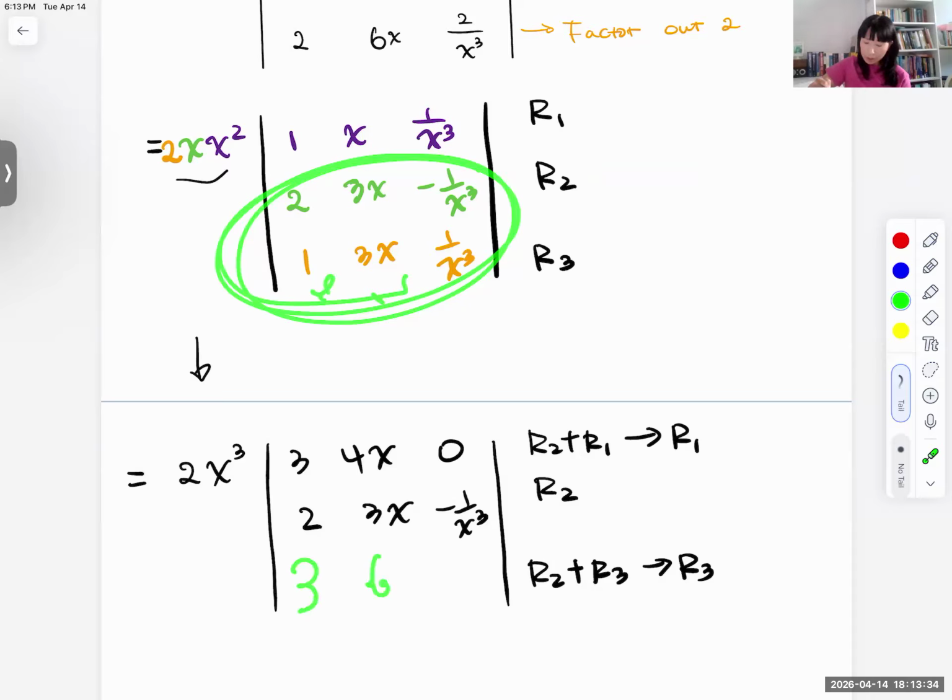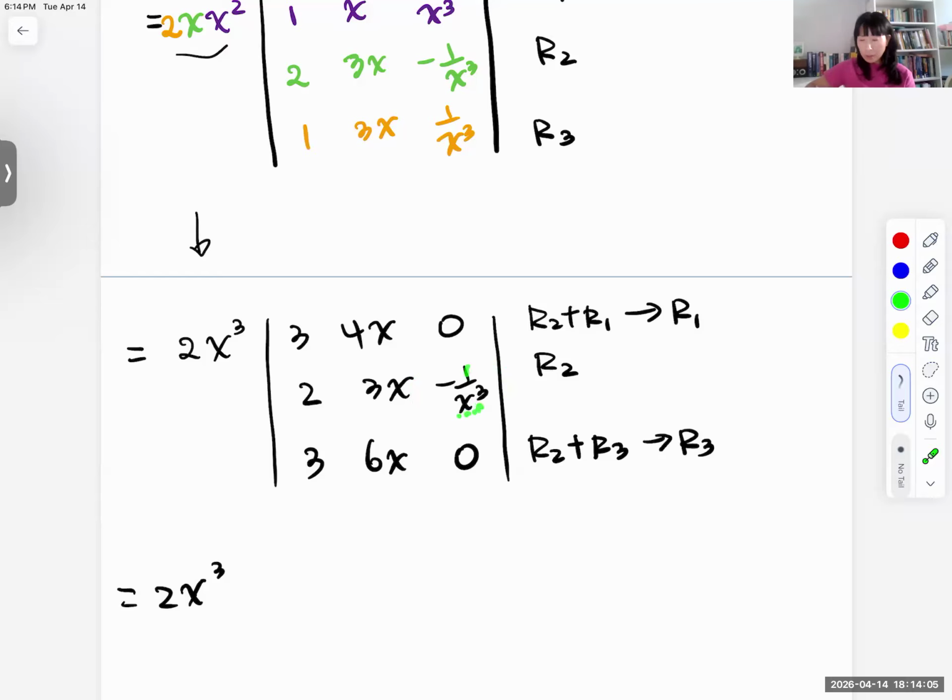All right, now we have 2x to the third. Now I want to take out this negative 1 over x to the third power. Then we have to be careful with the sign, right? When you do a cofactor expansion, we have plus, minus, plus, minus, plus, minus, right?